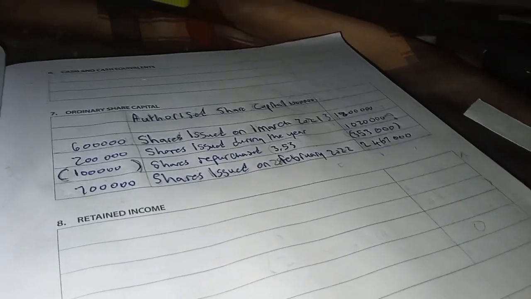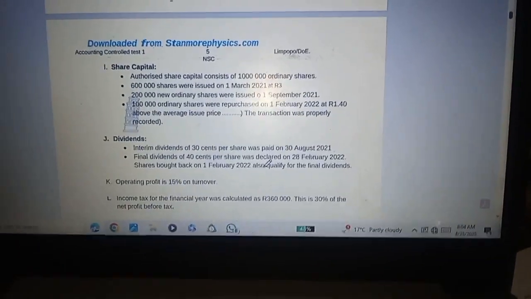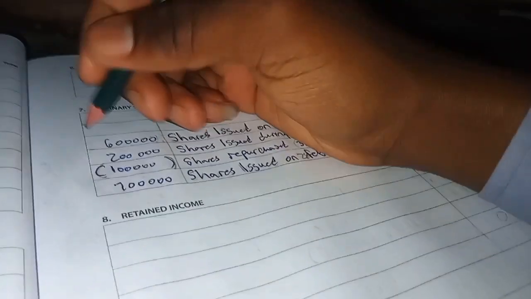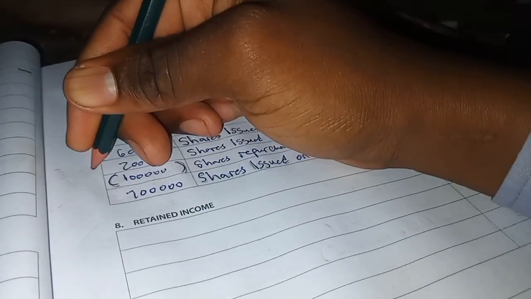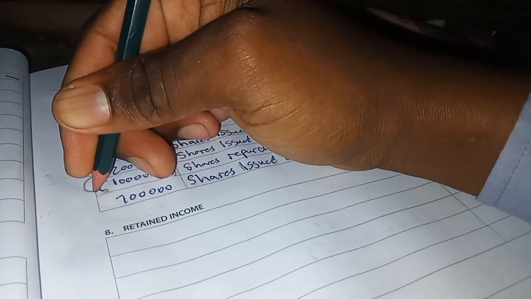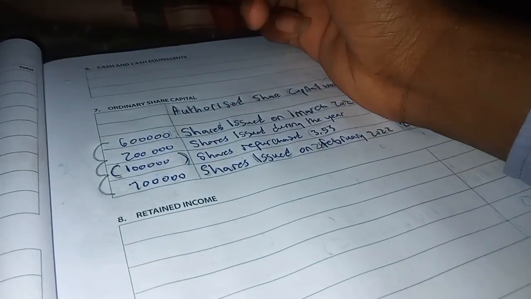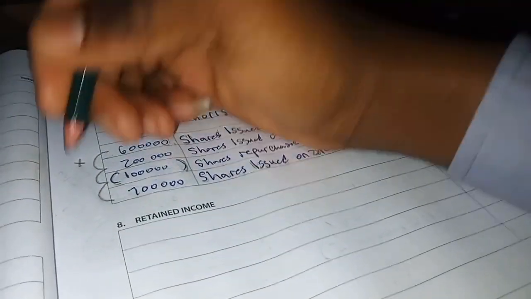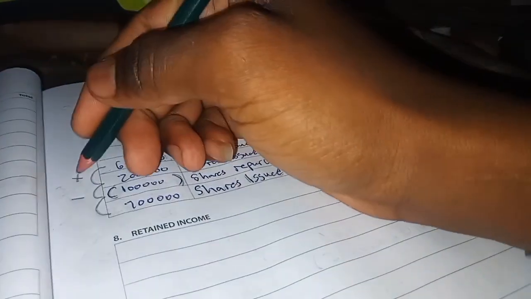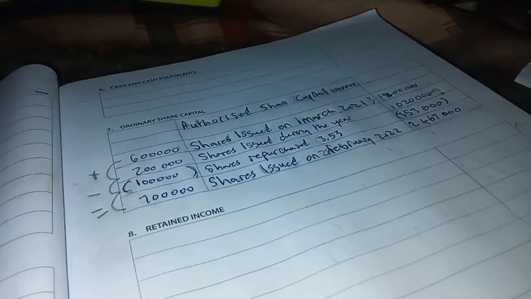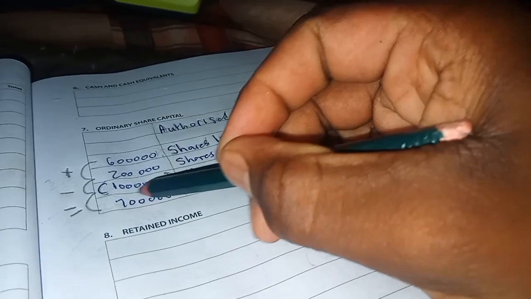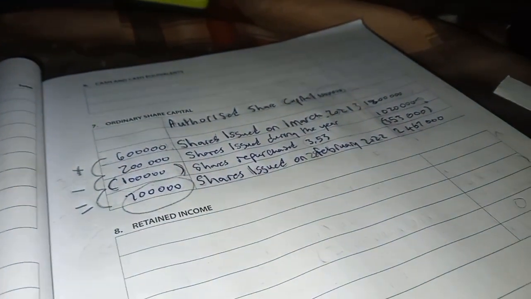Now we have arrived here, we have full information, everything that we want. So we're going to say this amount, add it with this amount, and subtract this amount, and it's going to give us this amount. The shares at the end of the year are going to be 700,000.